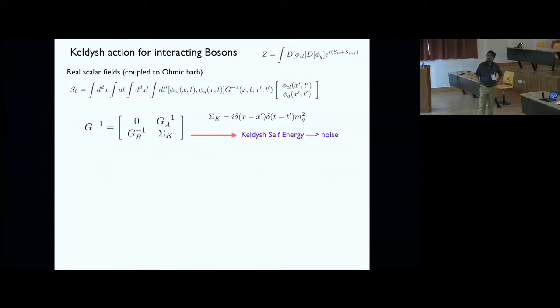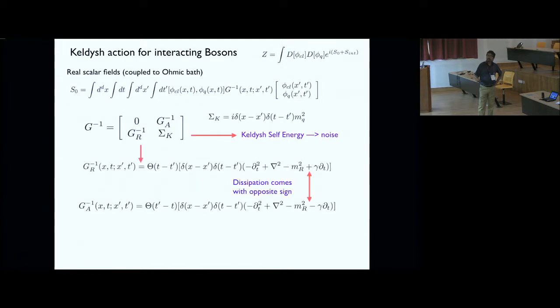So I will get a Keldysh self-energy, which, as we said, is a noise. This guy will look like the standard del T square plus grad square minus M R square. If I forgot the grad square, this is like the harmonic oscillator frequency, if I was just looking at a zero-dimensional system. And then there is a gamma del T. Just one thing, in retarded and advanced, it comes with opposite sign.